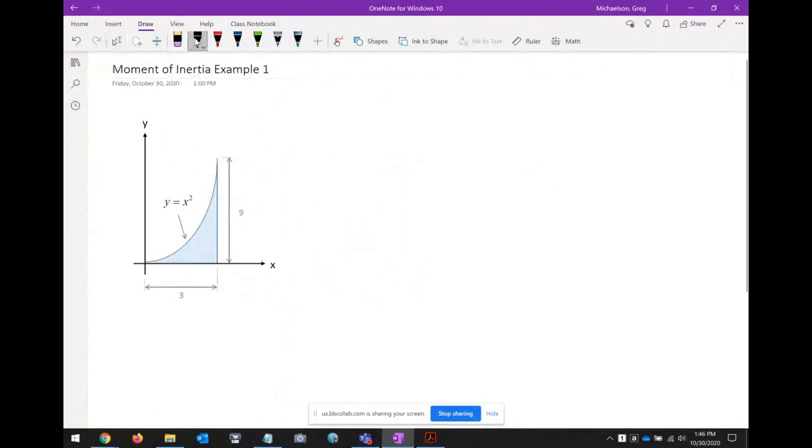So I want to go back to this problem. We've already computed a lot of the properties for it. If you remember, the area was the integral of dA, and we did that as the integral from 0 to 3 of x squared.